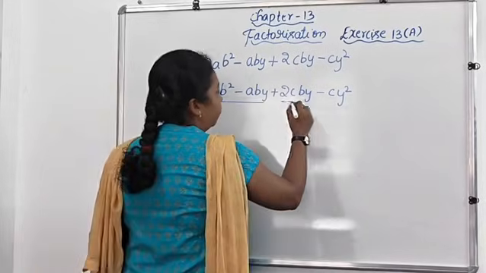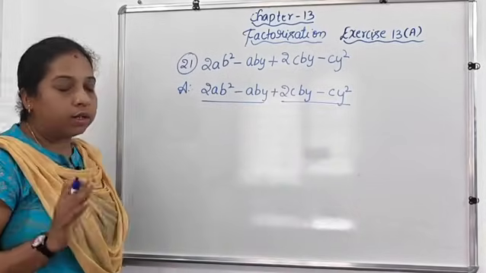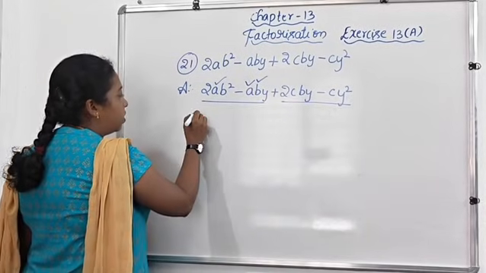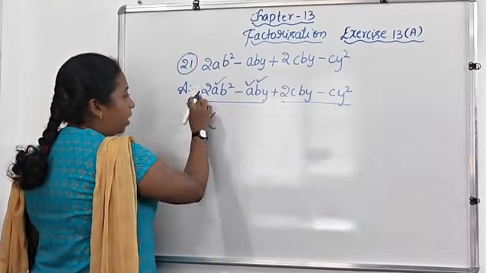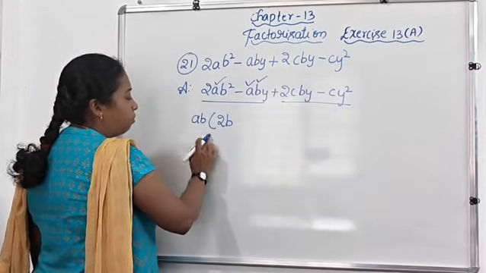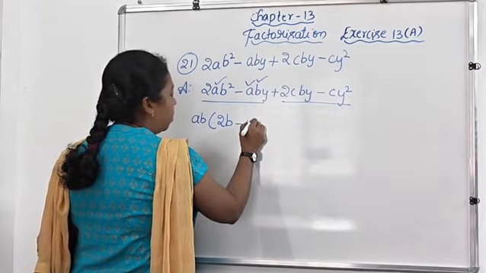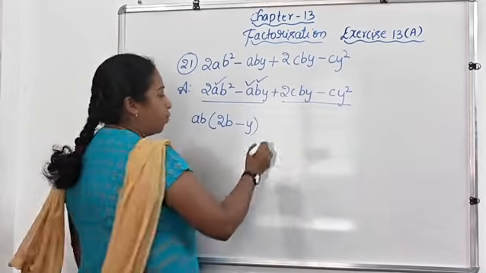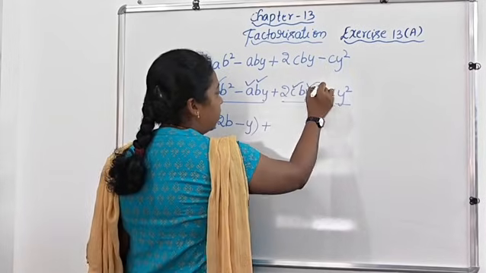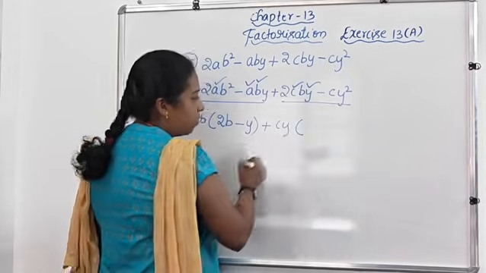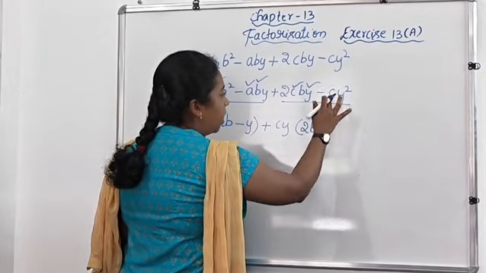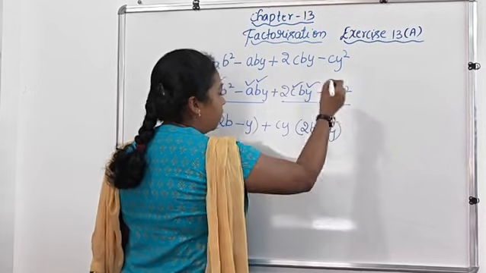Let's check out directly. We will get a common factor out. ab, right? That means ab is the common, remaining is 2b, remaining is 2 and 1 time b, right? Minus ab is a common, leftover is y. So plus here cy is the common, that is we have taken cy as a common, remaining is 2b minus y.